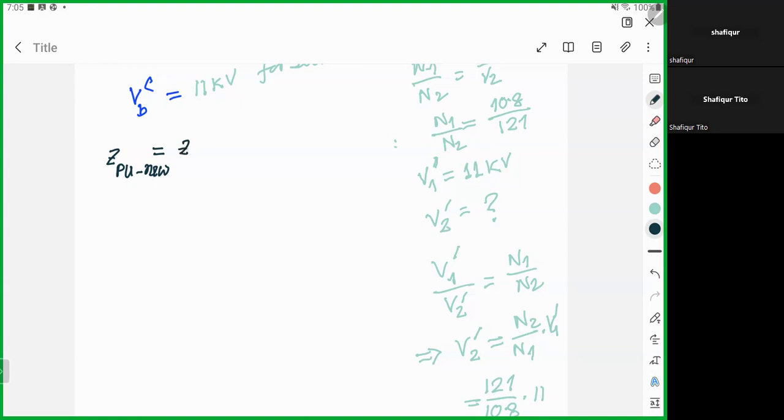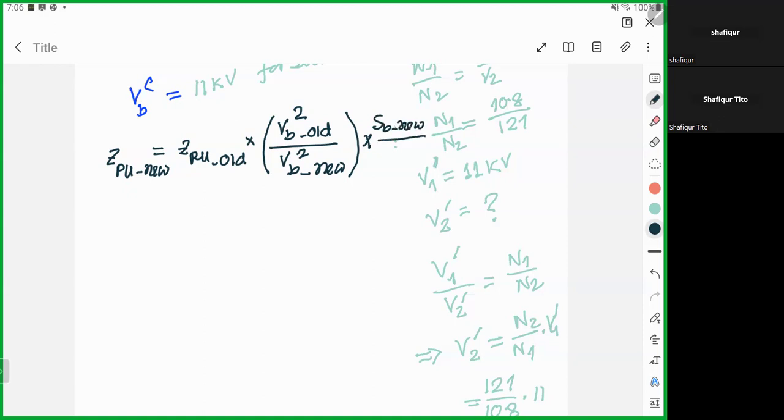So ZPU old times VB old divided by VB new, squared, and then we will have SB new divided by SB old.